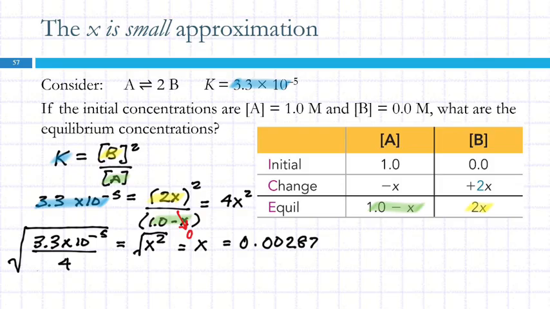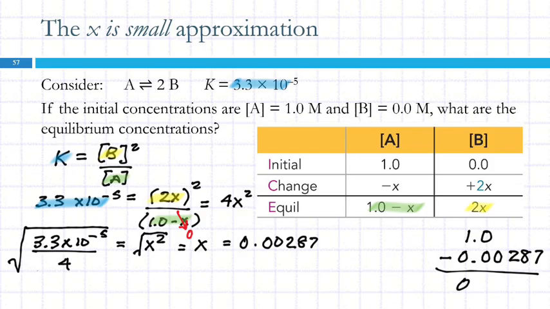Fine. Absolutely fine. So if we think about just significant figures for a minute, we started out with 1.0 molar, which suggests that there's uncertainty in the 10th place. If we subtract 0.00287, what does the calculator tell us?